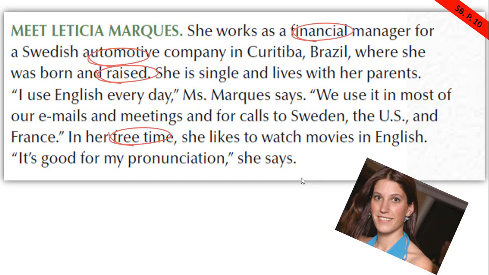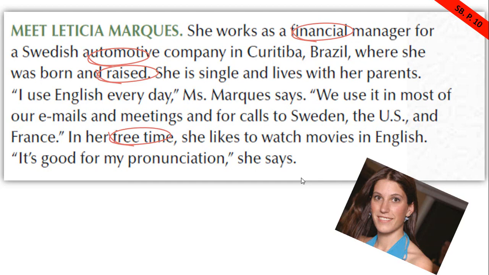We use it in most of our emails. يستخدمون اللغة الإنجليزية في أغلب الإيميلات. and meetings، إيش يعني meetings؟ الاجتماعات. and for calls to Sweden. calls يعني المكالمات الهاتفية، اتصالات اللي بيقوموا فيها شركتهم مع Sweden. Sweden is a country اللي هي السويد. the US الولايات المتحدة الأمريكية and France اللي هي فرنسا.